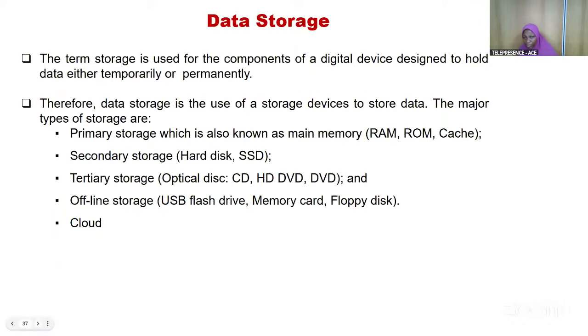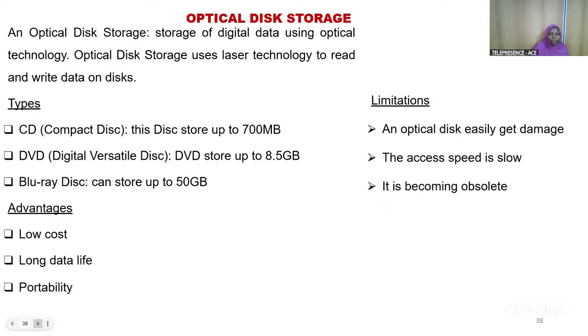For data storage tools, we have some that are used for primary storage, known as RAM, ROM, cache. We have some that are for secondary storage, like the hard disk, and the other ones like the CD, the DVD, and so on. And of course, you have cloud storage, like I mentioned earlier on, and also the offline storage, like your pen drive, that you can use to actually store this information.